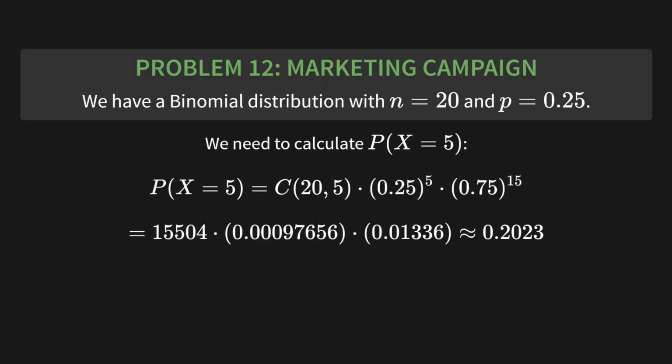Then we multiply that by 0.25 to the power of 5, and then by 0.75 to the power of 15. It's a bit of a calculation, but when the dust settles, the result is approximately 0.2023. That's a 20.23% chance.